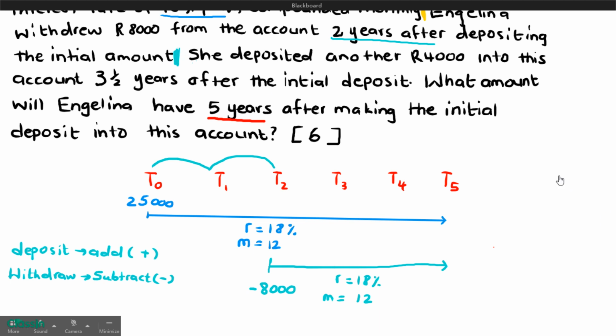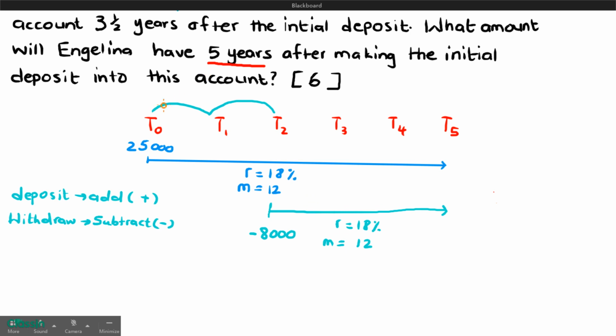Okay? Now we are going to the third part. The third part says she deposited another 4,000 into this account 3.5 years after. Now we counted 1, 2, 3, then it says 3.5 years, so the half is here.